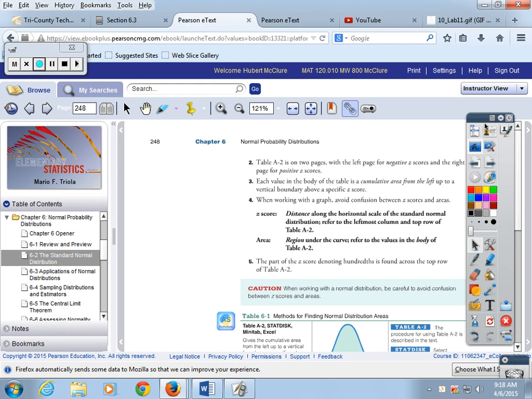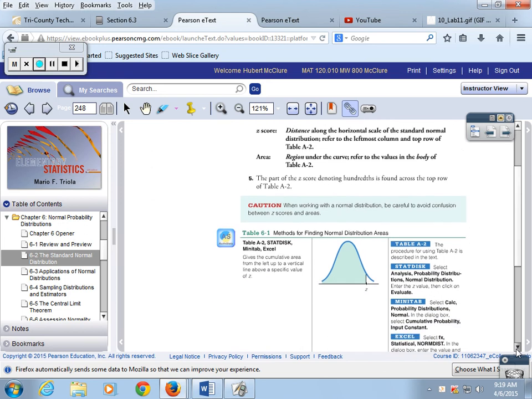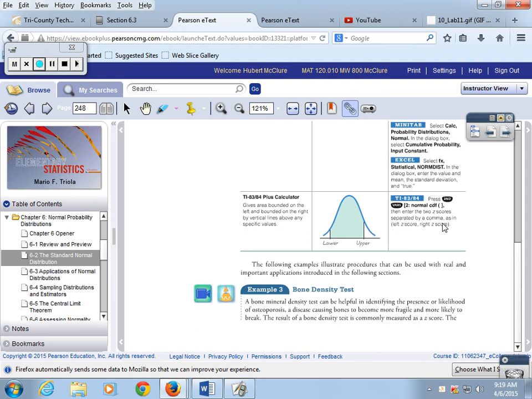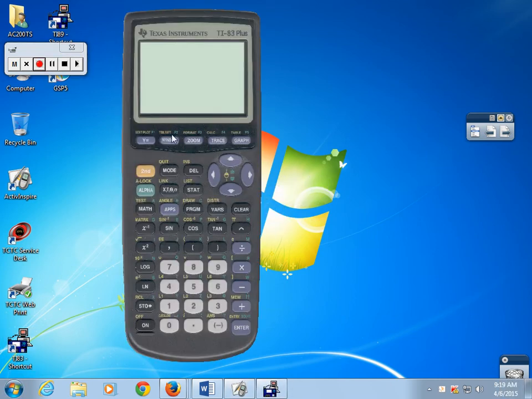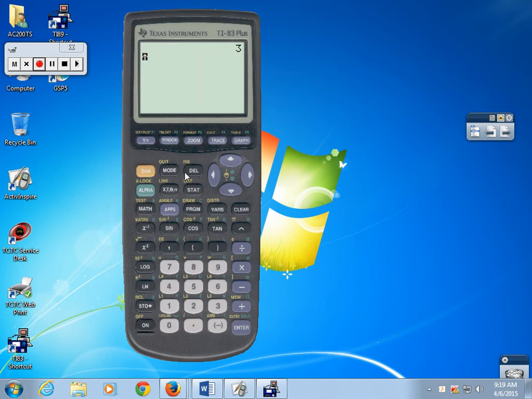There it is. Second VARS, normal CDF. So let's go to second VARS, normal CDF.